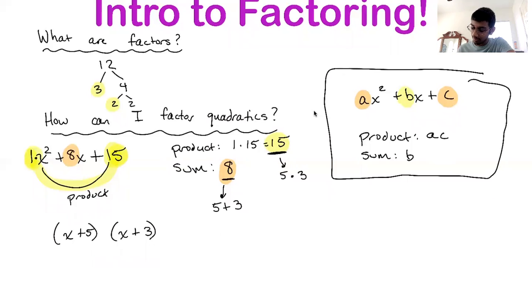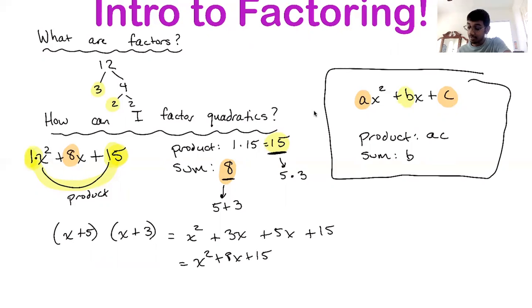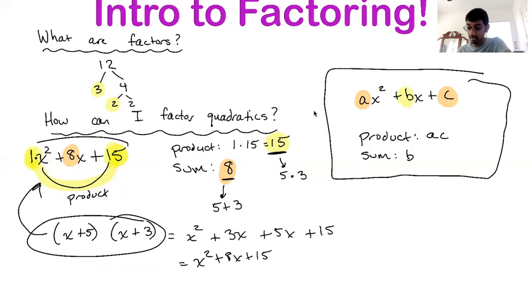Because if I FOILed this out, it would be the first, which is x squared, plus the outer, which is 3x, plus the inner, which is 5x, plus the last, which is 15. And then that would add up to x squared plus 8x plus 15, right? So that shows us that this is the same thing as this, right? We're just breaking this thing into smaller chunks, which are factors, just like we did over here. It's no different.